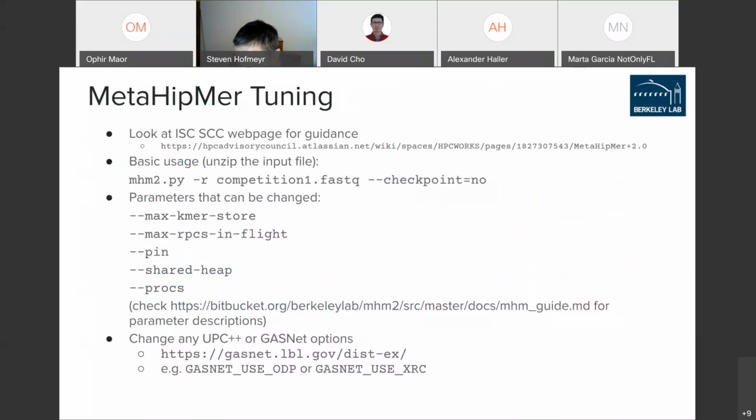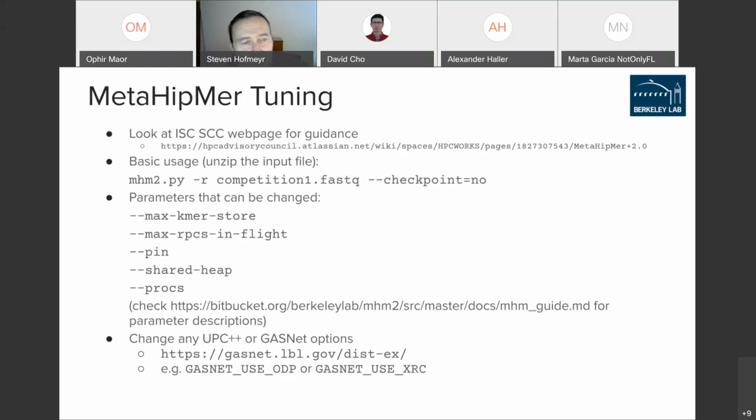Some information that's relevant to anyone using MetaHitmer for this competition is all about tuning MetaHitmer. I don't want to go into a great deal of detail about this because there is a lot of guidance on the web page, and you can always ask questions about what you can and cannot do. I'm sure you all have the link, but I've just put it here in the slides just in case.